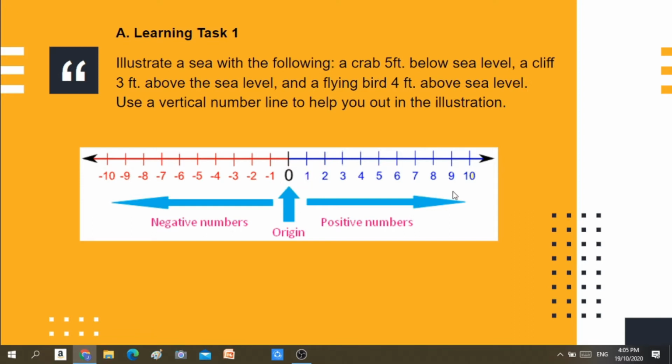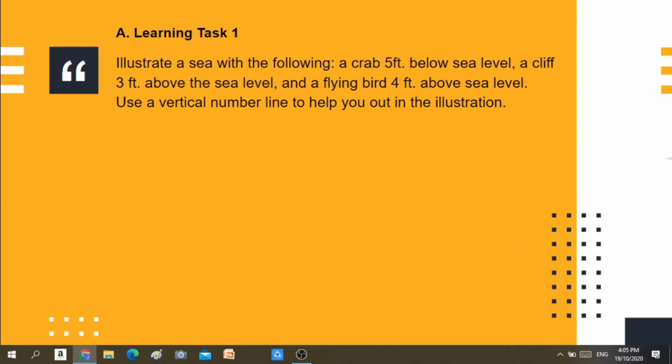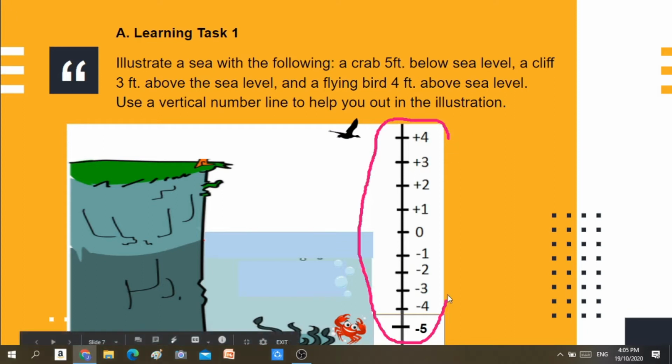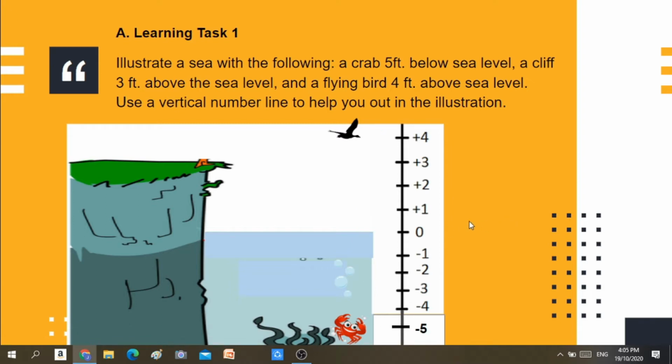Represented horizontally, but we need to represent this vertically para mapakita natin yung illustration ng ating learning task number 1. So let's see. Meron ako ditong number line na ginamit natin vertically. Now, meron tayo ditong crab, smiling crab. We represent this for the 5 feet below sea level.